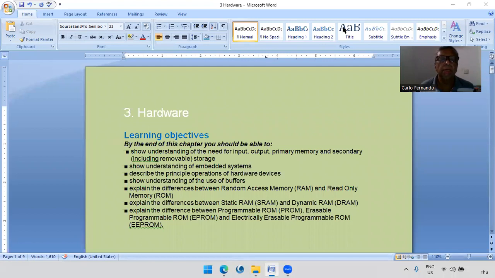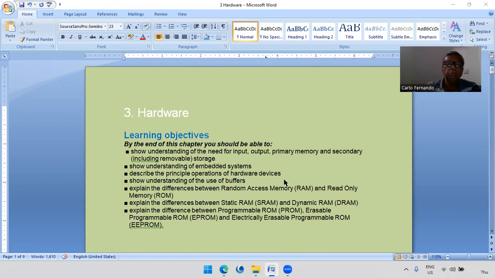Chapter 3, Hardware. What are the learning objectives? By the end of this chapter, you should be able to show understanding of the need for input, output, primary memory, and secondary memory, including removable storage.